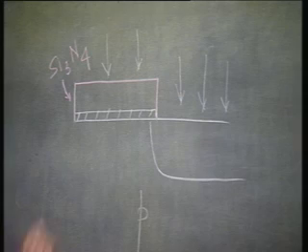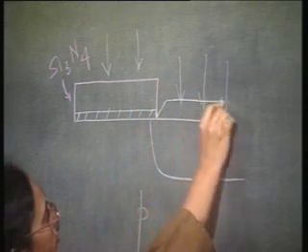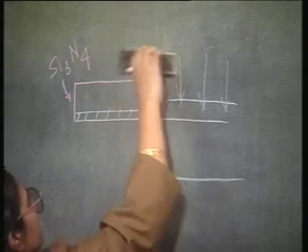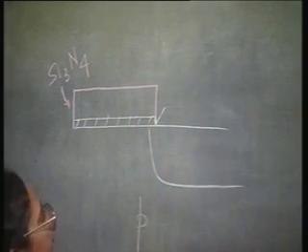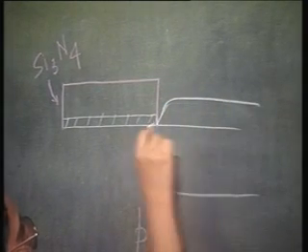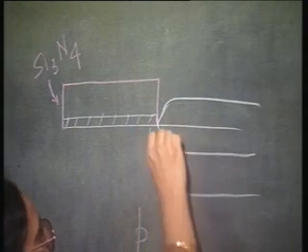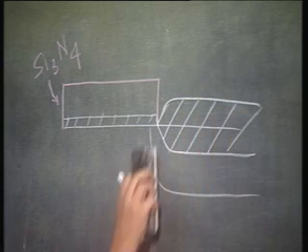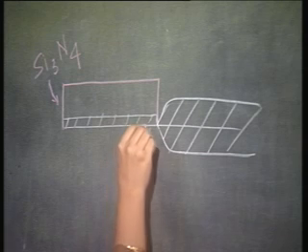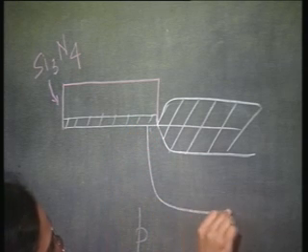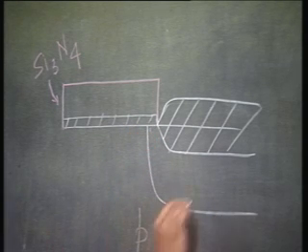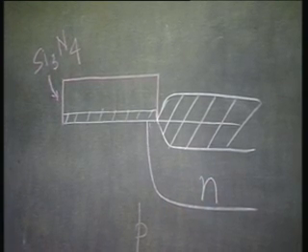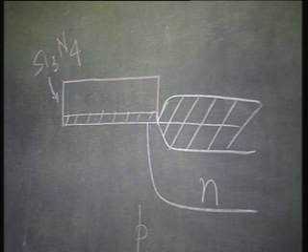So, I will have the oxide grown like this, and in the process this whole thing will be driven deeper like this. So, this is your N region, this is the nitride and this is the oxide. Okay.